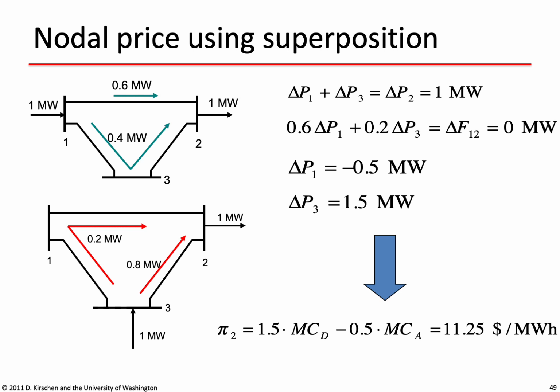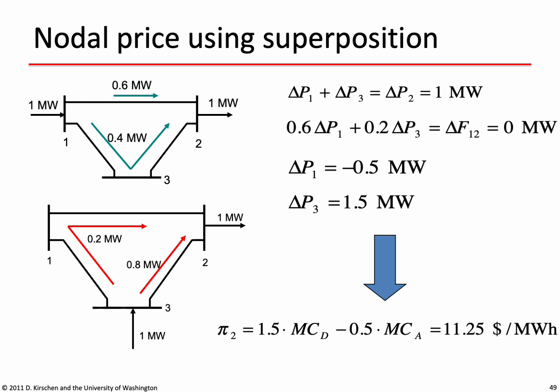But delta F12 is a result of 0.6 times delta P1, the fraction of the megawatt that goes on line 1, 2, plus 0.2 times delta P3, the fraction of an extra megawatt injection going on line 1, 2. So we have a system of two equations in two unknowns, delta P1 and delta P3, that we can solve.